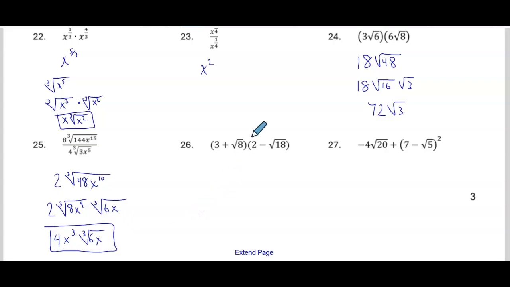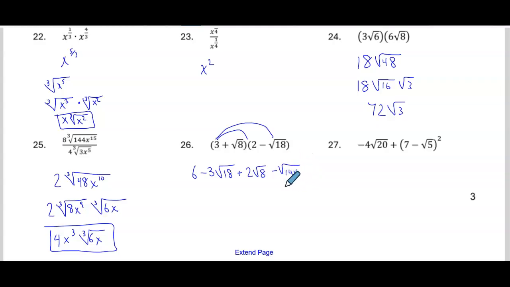Alright, number 26. This time I do have binomials, so I do need to multiply like this. Alright, 3 times 2 is plain 6. 3 times root 18, negative 3 root 18. Root 8 times 2 is 2 root 8. And then 8 times 18 is 144.